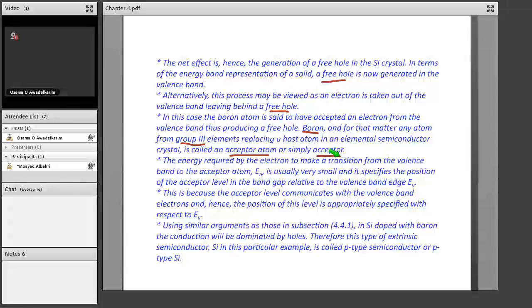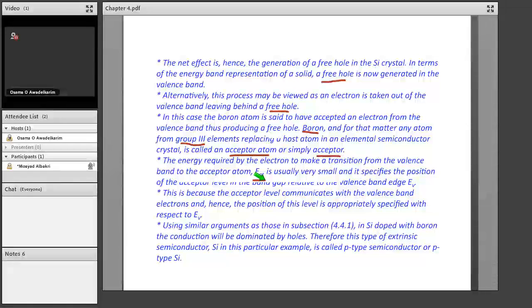The energy of this acceptor state, again, is very small. In other words, the electron needs a very little amount of energy to transit from one bond to this hole, or an electron needs very little energy to leave the valence band and leave behind a free hole.